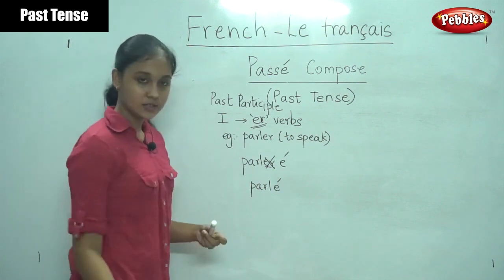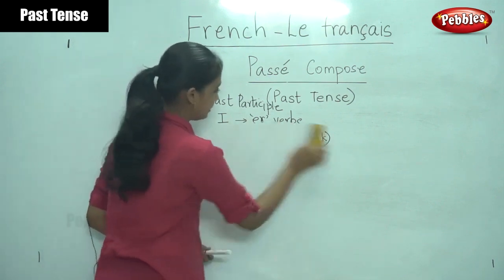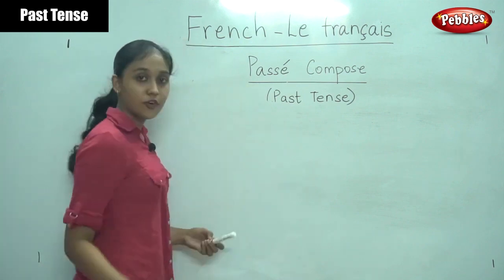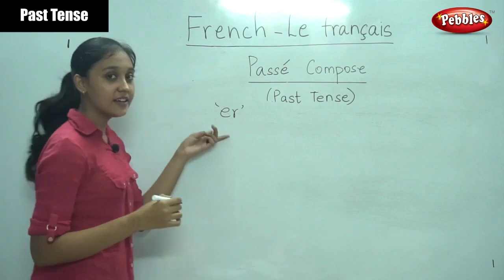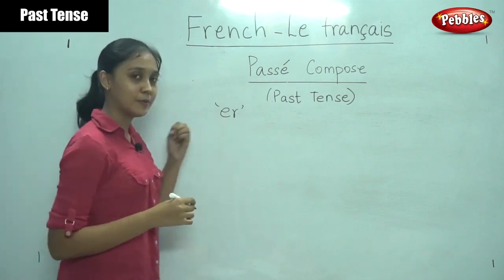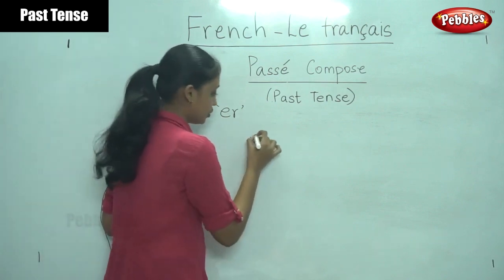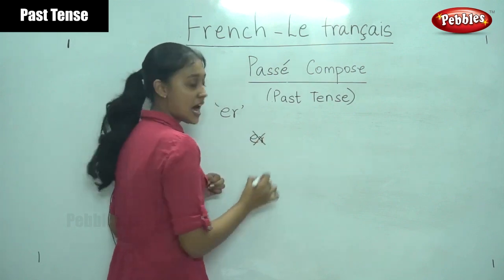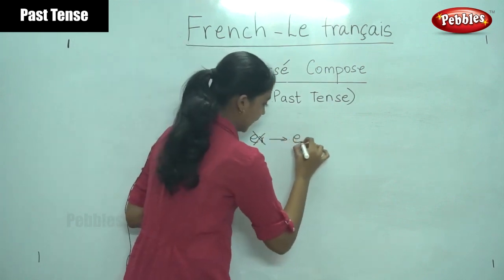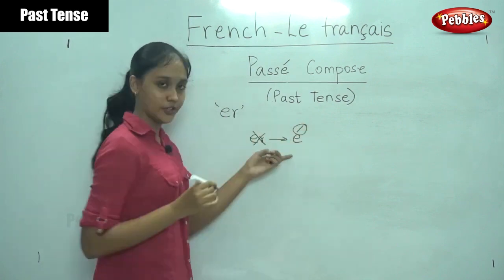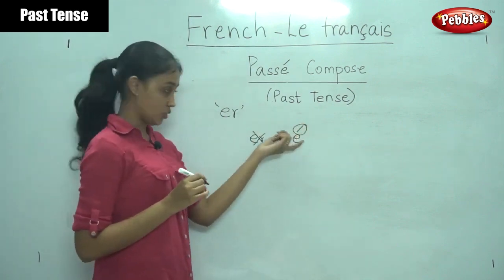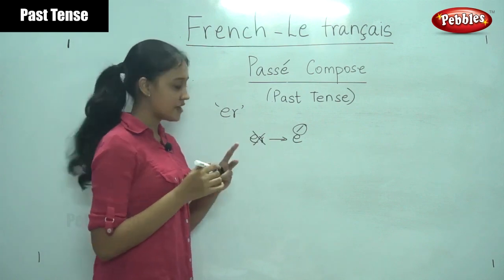Did you understand? I'll repeat it once again. For ER verbs, that is verbs that end in ER. They are a large group of verbs. I hope you remember the verbs. We would remove ER and replace it with E along with an acute accent. This here is very important, so don't miss that out. So this is the first rule.